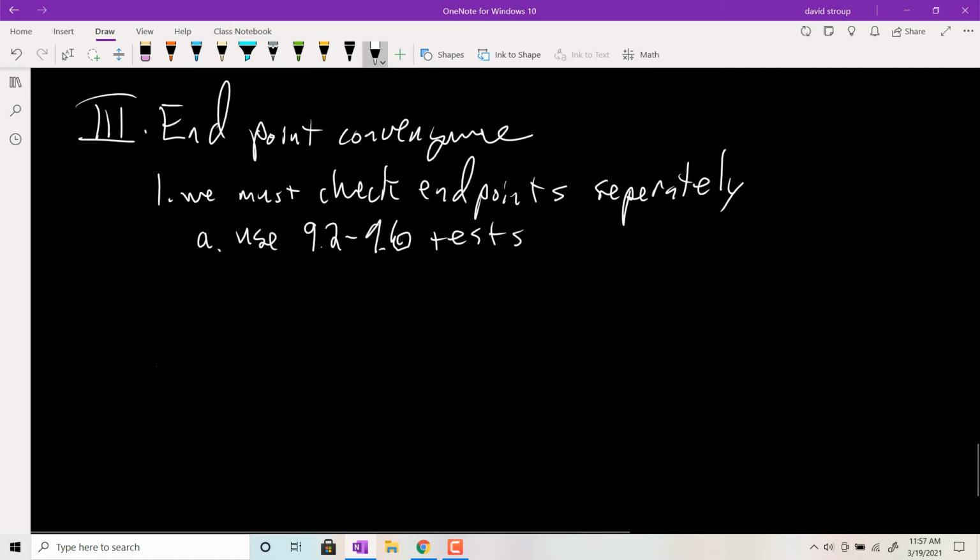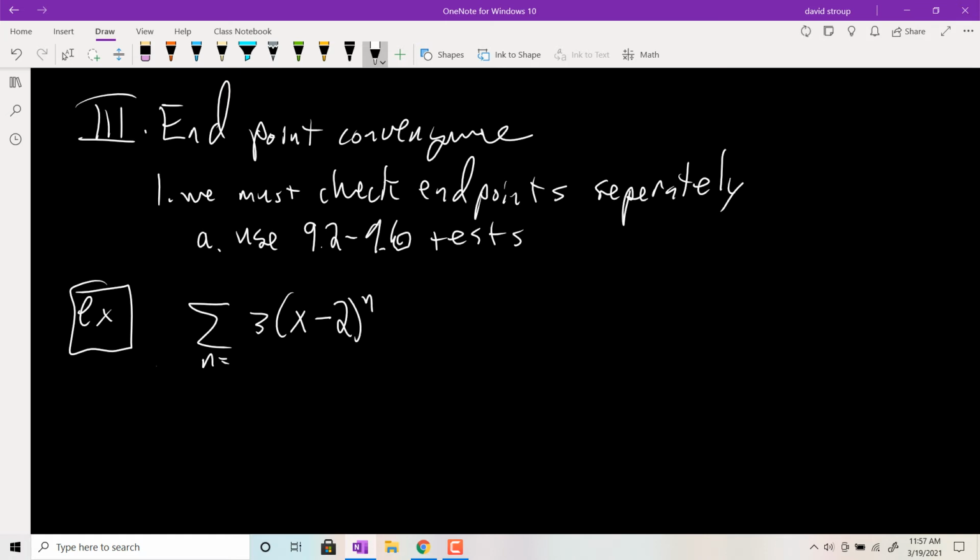Okay, so let's try one of these. Let's look at the example from above where we had the summation of 3 times x minus 2 to the n, from n equals, I believe it was, 0 to infinity. And we determined that the radius of convergence was 1.